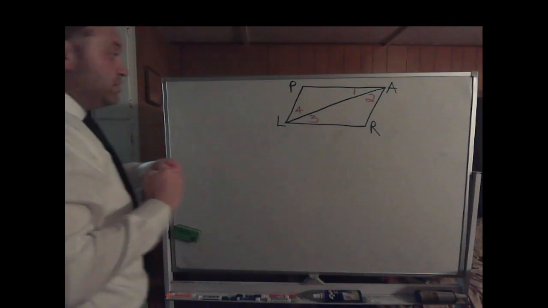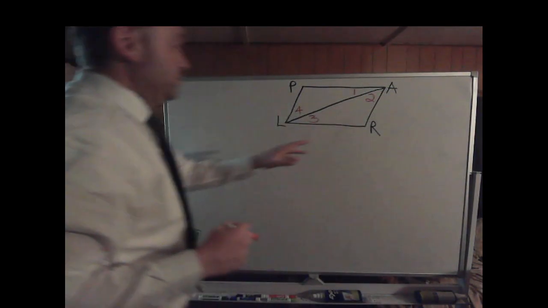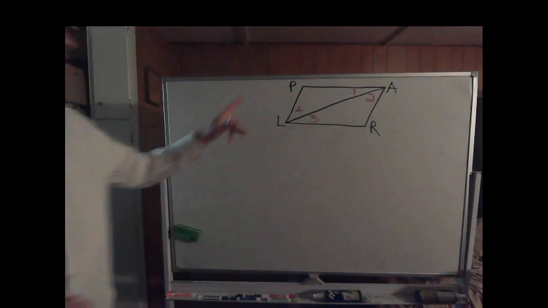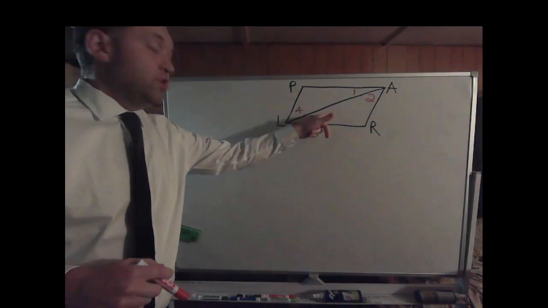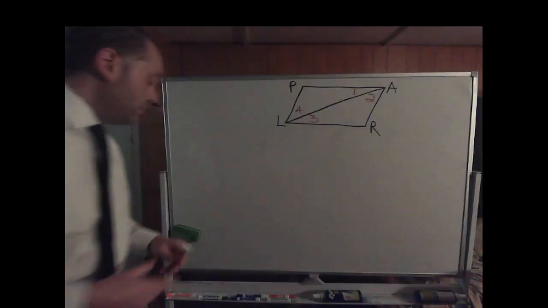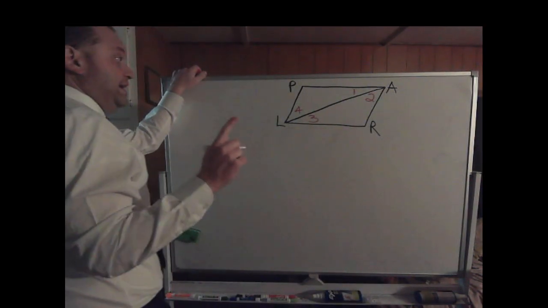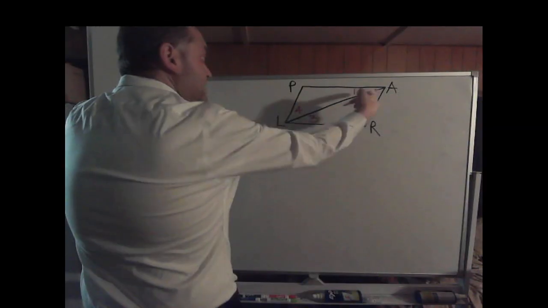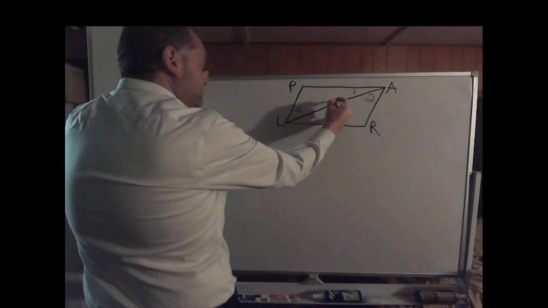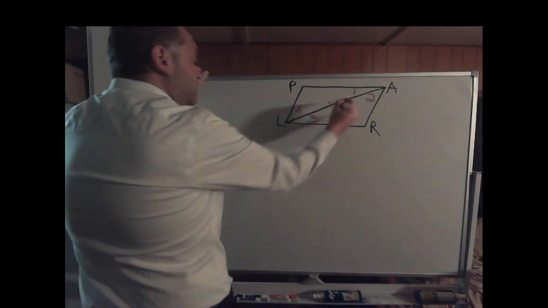Then we have our angles 4, 3, 1, and 2. It's also asserted that these two triangles are congruent to each other. Well, I think this one goes without saying that line segment LA is congruent to line segment LA. It's the side of both triangles.